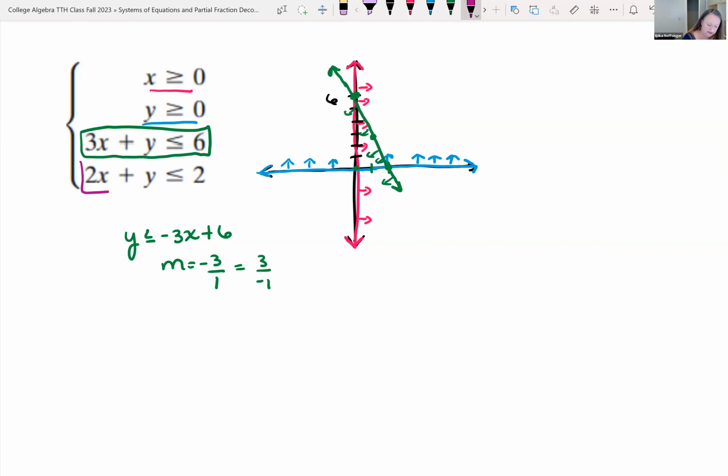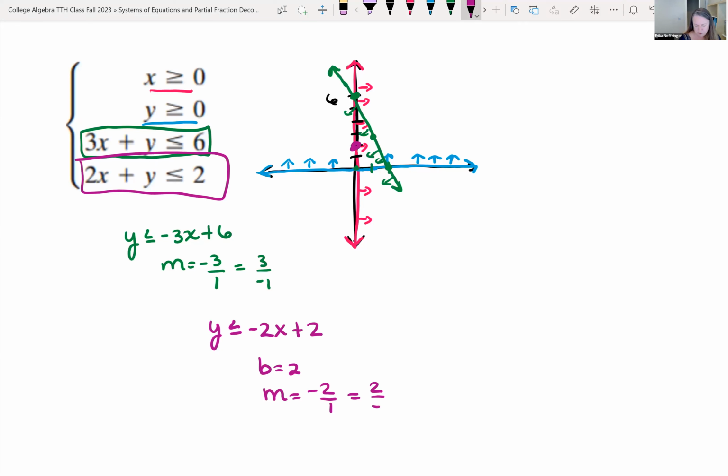One more graph. Let's graph 2x plus y is less than or equal to 2. If I subtract 2x on both sides, I would get y is less than or equal to negative 2x plus 2. So I can see my y-intercept here is 2, and my slope here is negative 2, but I can write that as negative 2 over positive 1 or 2 over negative 1. So if I go down 2, I'd be going over 1 to the right.